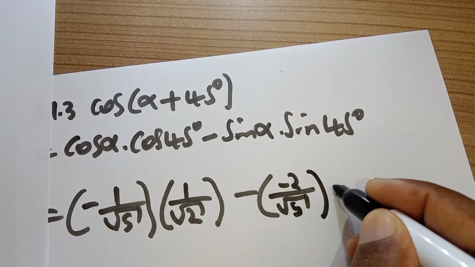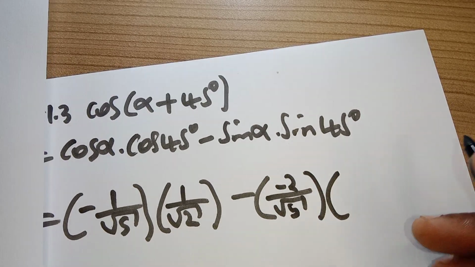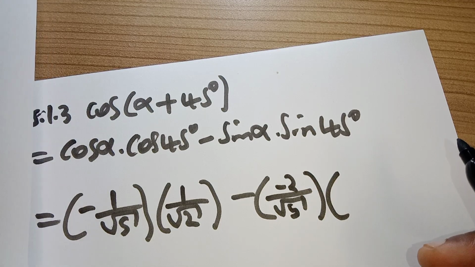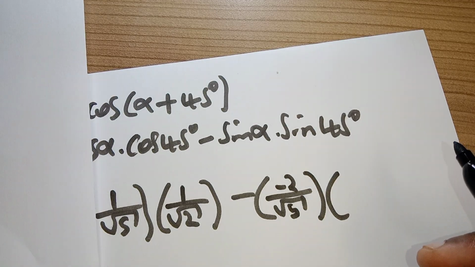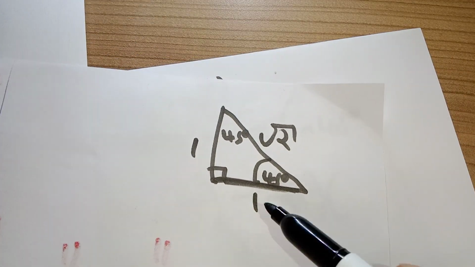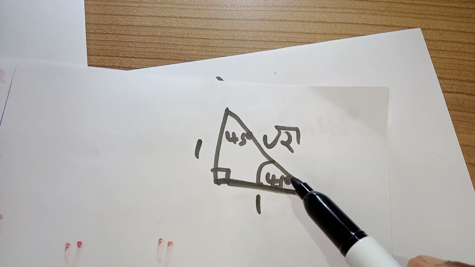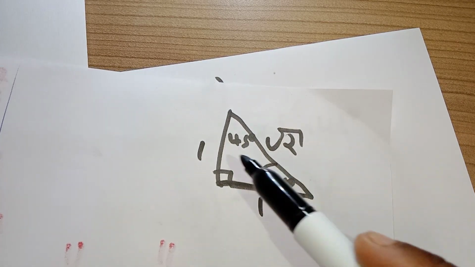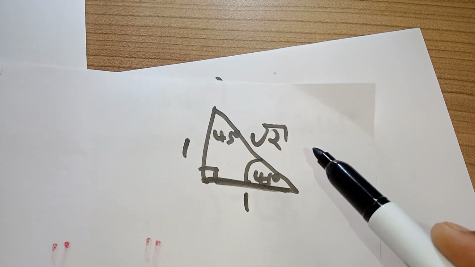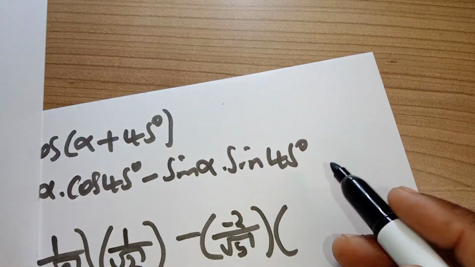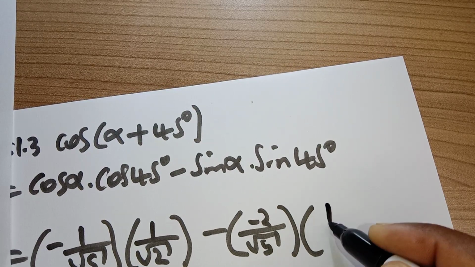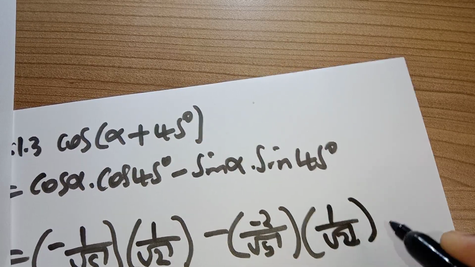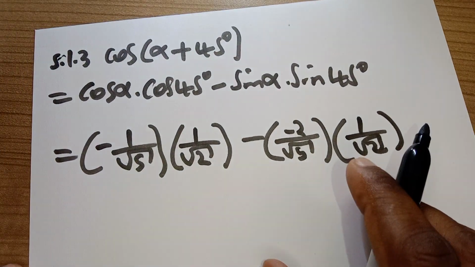Then we have the sine 45 degrees, where 45 is a special angle. We choose this 45. Sine by definition is opposite over hypotenuse, so we're going to have 1 over the square root of 2. Then here we're going to have 1 over the square root of 2.